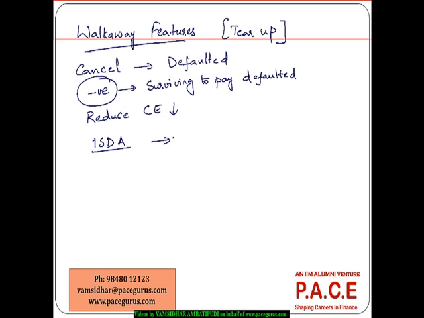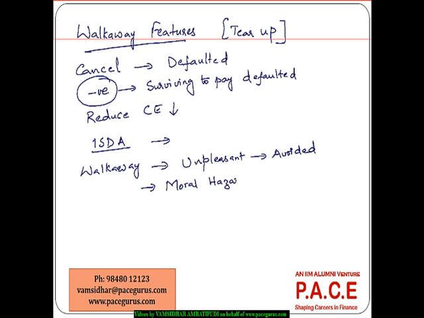Right? And any walkaway feature that is present, in case it is present, it's more and more unpleasant. Generally, it should be avoided because it is putting the defaulted counterparty into a much worse situation. The additional costs are coming up for the defaulted counterparty, resulting in a very big moral hazard.